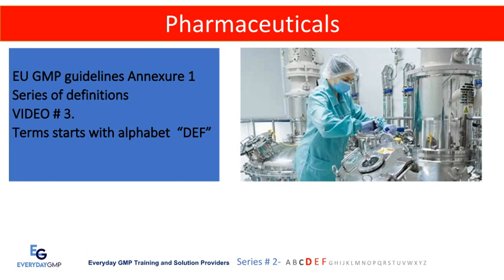In this comprehensive video series, we will demystify the definitions used in the EU GMP Guidelines Annex 1, breaking down complex concepts into easily digestible explanations. Exploring pharmaceutical definitions from EU GMP Guidelines Annex 1. Unlock the language of pharmaceuticals and dive into the core terminology that shapes the industry. Join us on this educational journey to understand the key definitions that ensure precision and quality in pharmaceutical manufacturing.